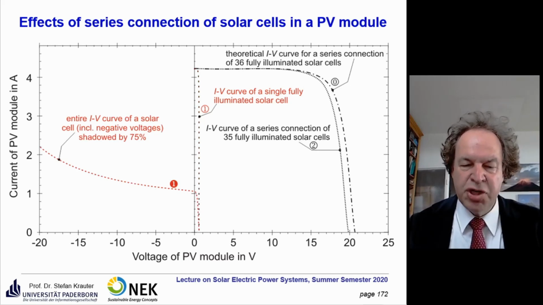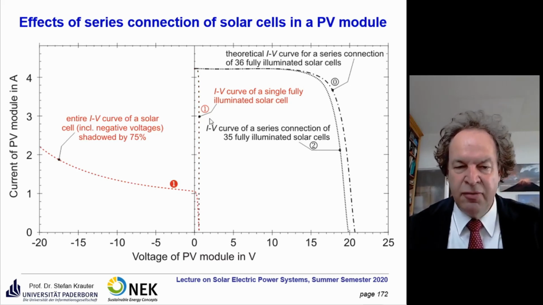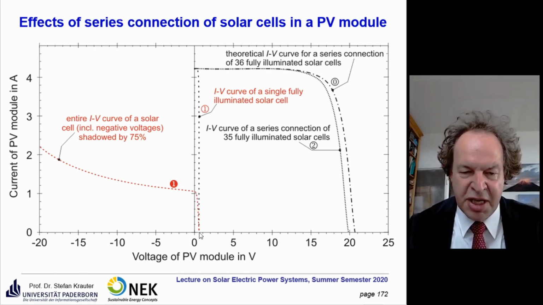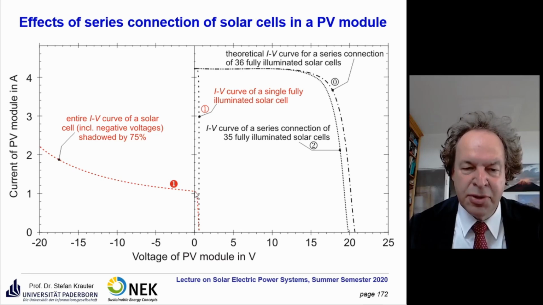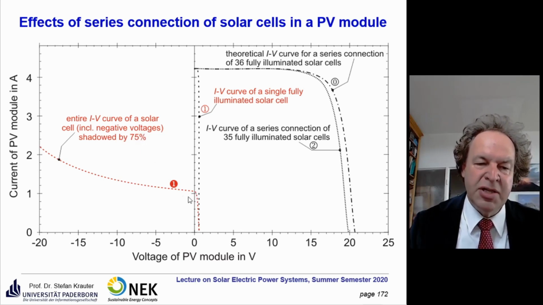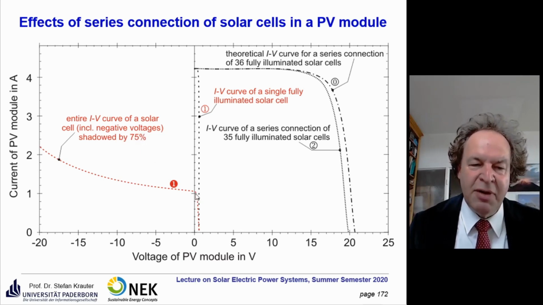If you shadow one single cell, for example cell number 1, while the others are fully illuminated, and we disregard the rest at the first moment, we just look at the IV curve. You see the voltage stays the same, but the current is drastically reduced according to the reduced irradiance level, which is reduced by 75%. So you only have a remaining 25% of the initial current.